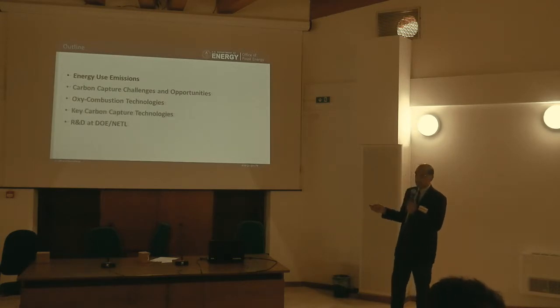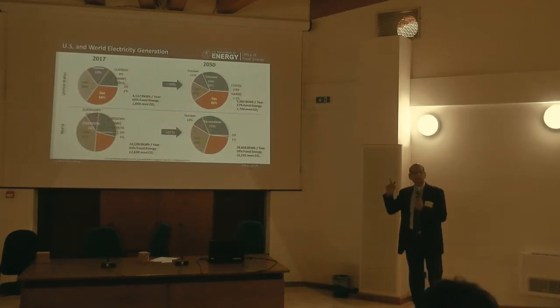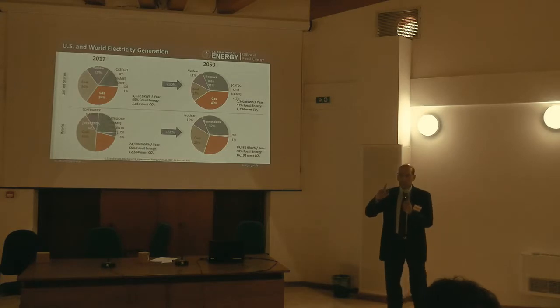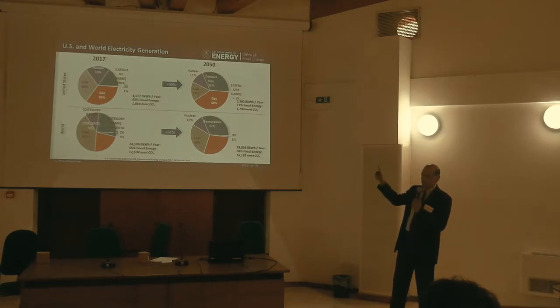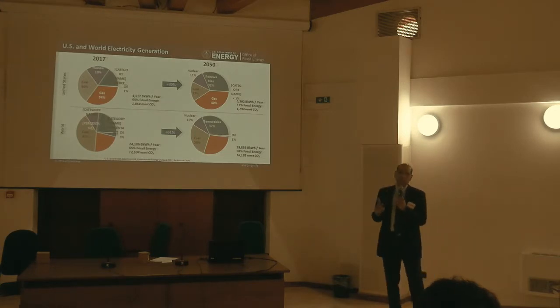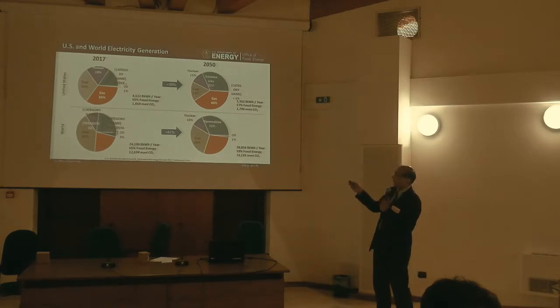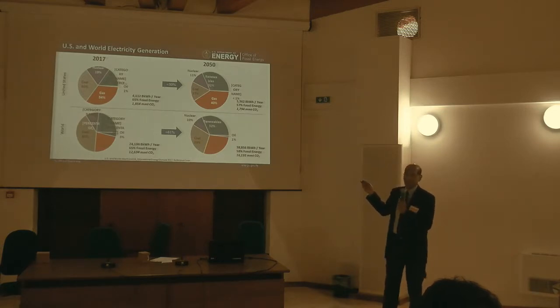So my first topic is energy and emissions, and why this is important. This is just one way of looking at it. There are many ways of looking at it. I think Dr. Lanza put together the IEA chart, which I'll also show. But if you look at where the fossil fuels are used, you will find that most of it has to do with electricity generation.